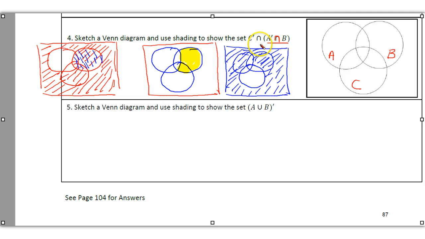Now we want to illustrate the complement of C. Well, that would be everything that is not in C. Now, where do we have an intersection of this yellow and this blue here?